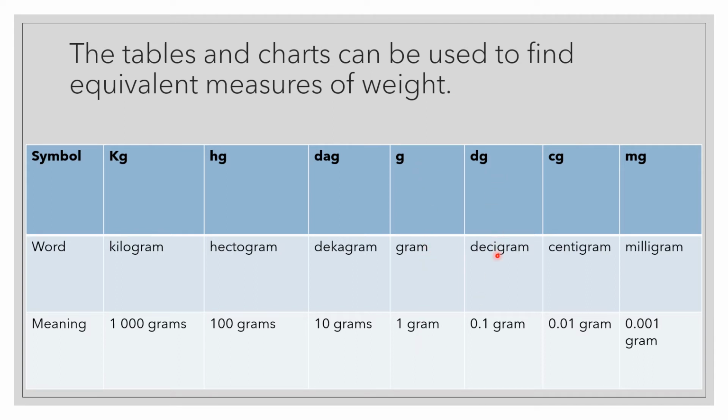DG is decigram, and it's about 1/10 of a gram. CG is centigram, about 1/100 of a gram, and mg or milligram is about 1/1,000 of a gram. So that is what we are going to use in our conversion later.